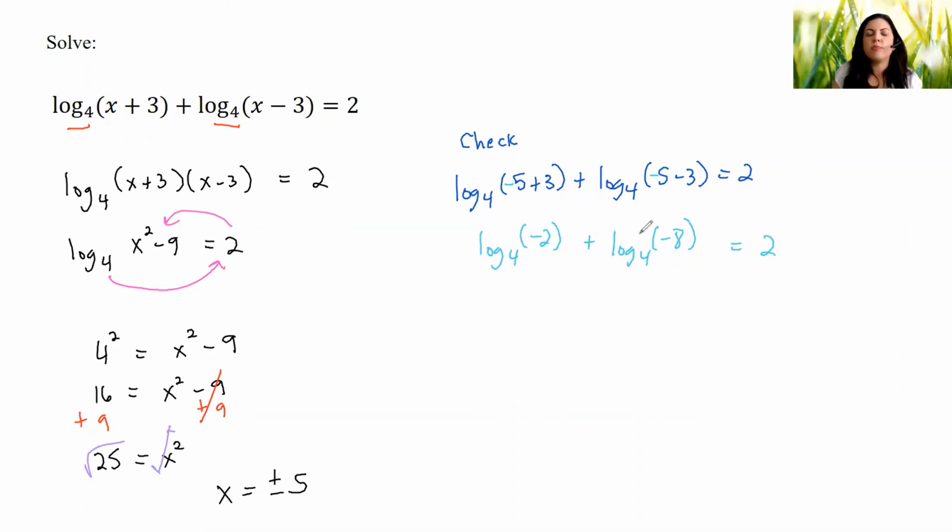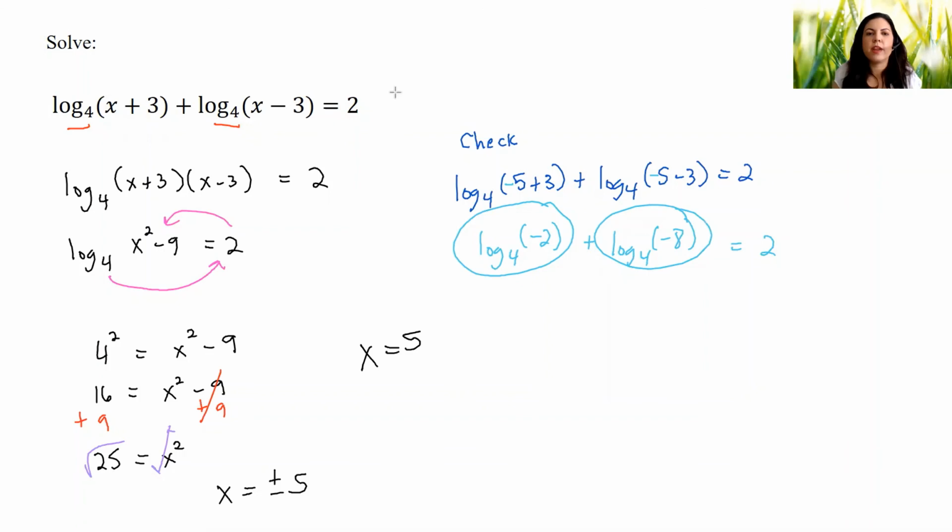And so the problem is going to be that this value is undefined. We can't take the logarithm of a negative number. So I'm not even going to go any further from this. Once we have the logarithm of a negative, that's invalid. So that means negative 5 is not a possible solution. So our only solution here is x equals 5.